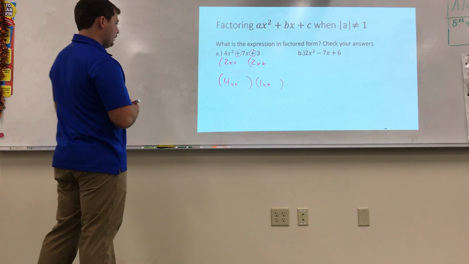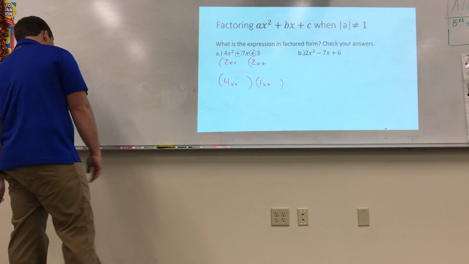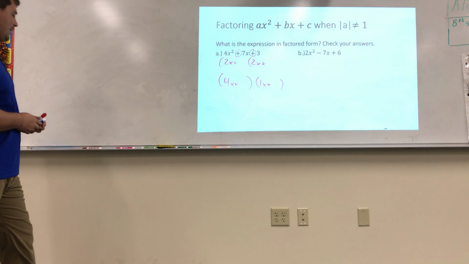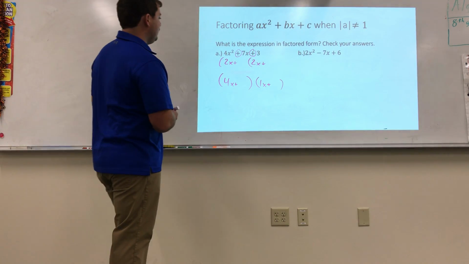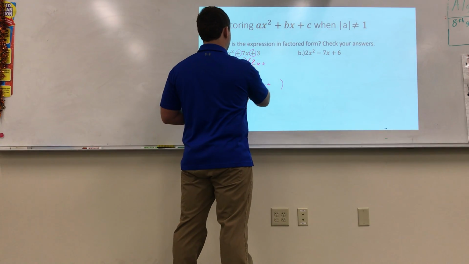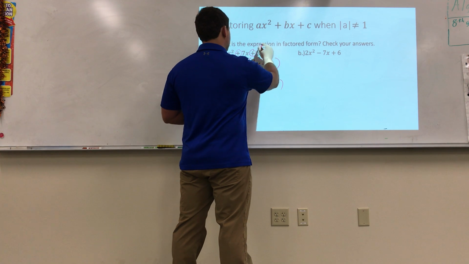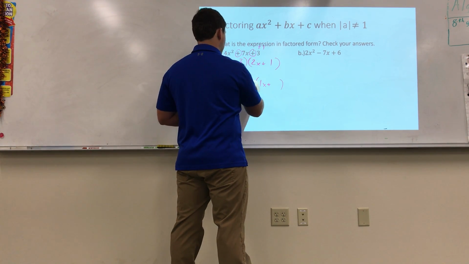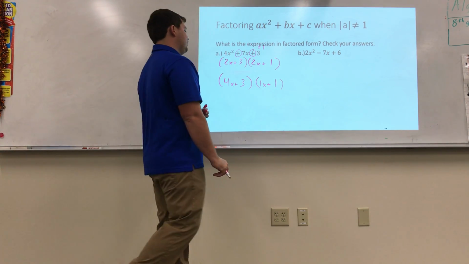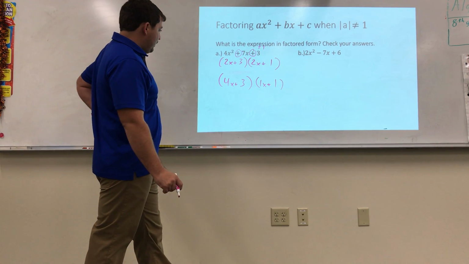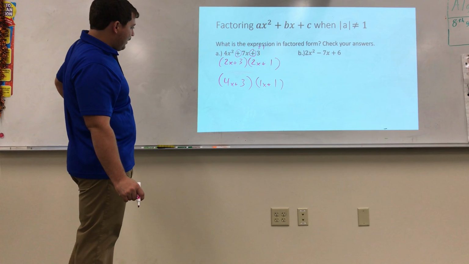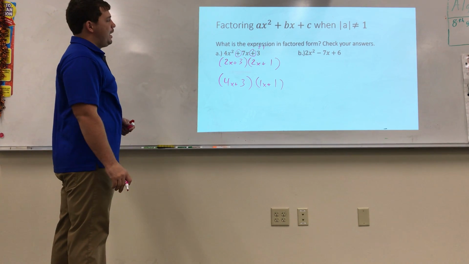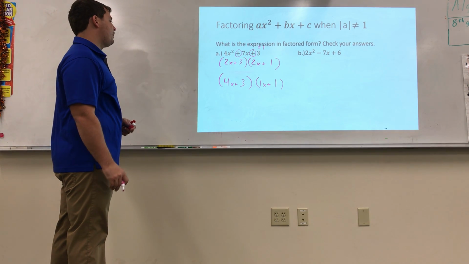Now, there's only so many factors of 3 times 1. And I know my signs right now, so it really kind of eliminates me down to what I can do. You can only have 3 times 1. Now we just need to decide which one works. Now, there is another thing to this. The top one's not going to matter so much, but this bottom one matters quite a bit.